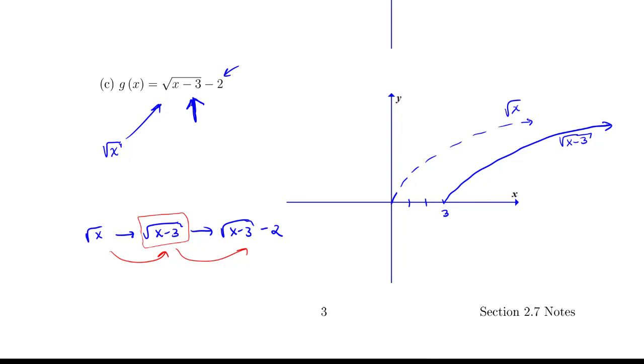So we're going to go down 1, 2, and that's where this key anchor point is now going to be. The shape is still the same, it's just been shifted down 2. So this is square root of x minus 3 minus 2. All right, so we see the big difference between applying it to the x itself or applying it to the whole previous function.